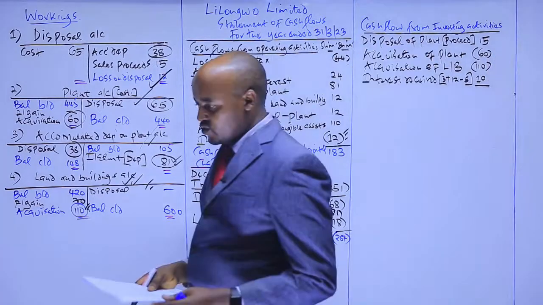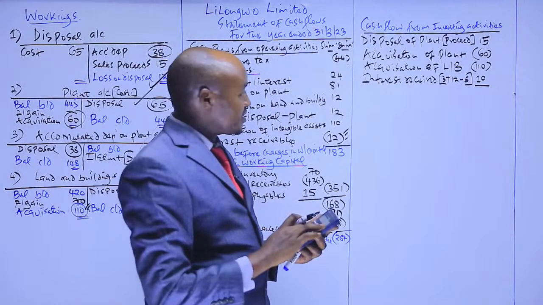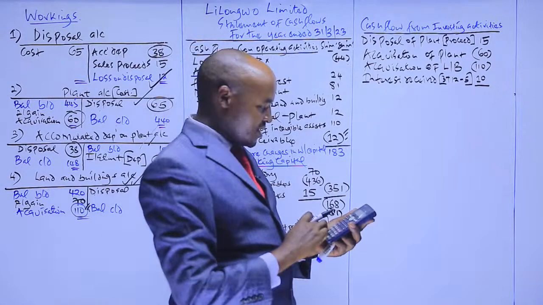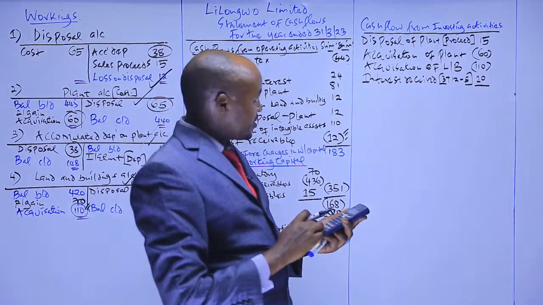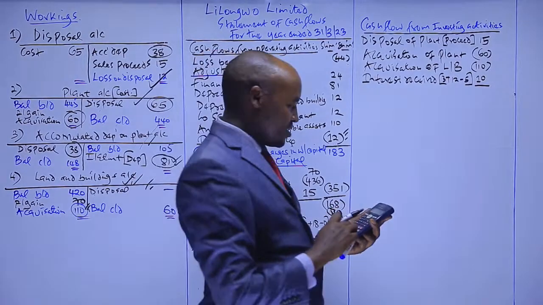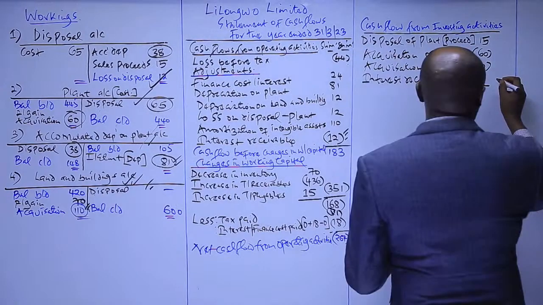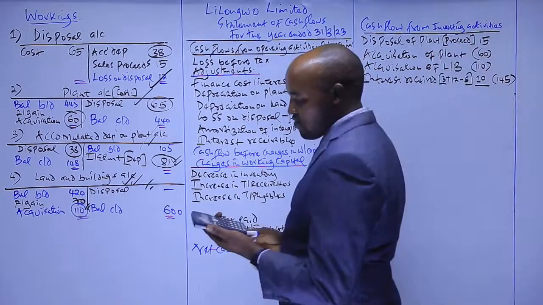So before we determine the cash flow from financing activities, let's get the net amount. We have 15 minus 60 minus 110 plus 10. So this will give us a net cash outflow of 145.